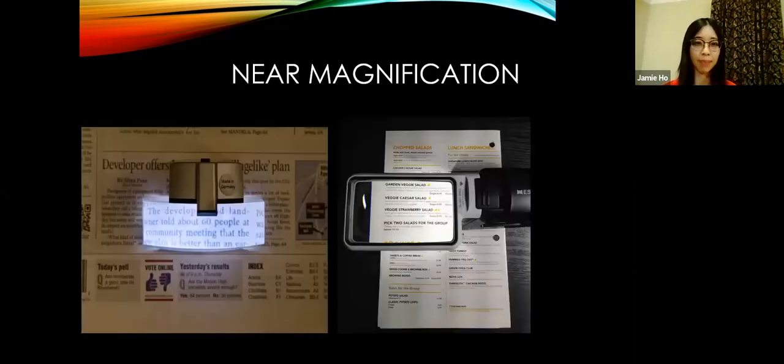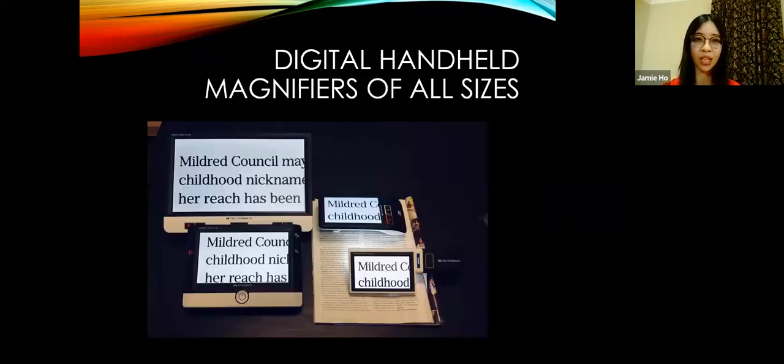So here are some examples. This is a bar magnifier on the left here. And then this is a stand magnifier / hand magnifier by Eschenbach. You can actually pull this handle out and then it becomes a hand magnifier. So, different types of magnification. Right now, all the companies make things of all different sizes.